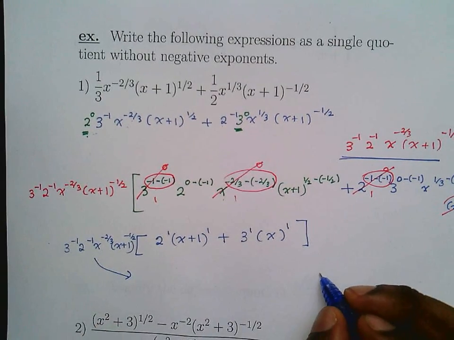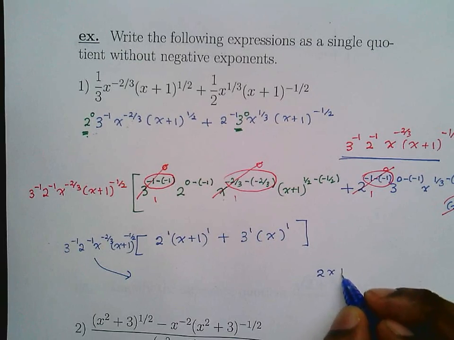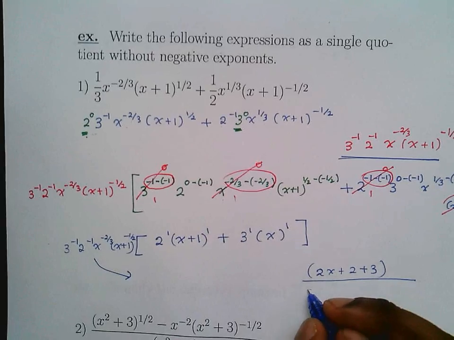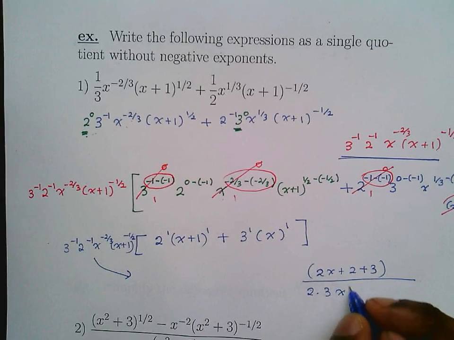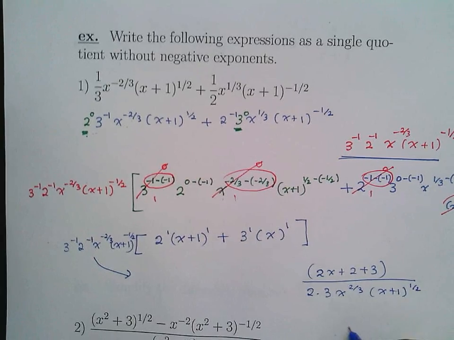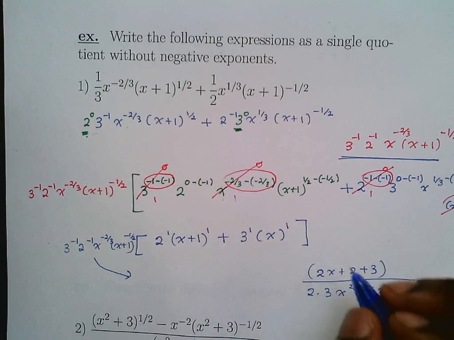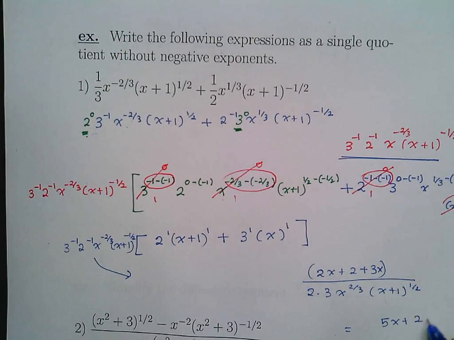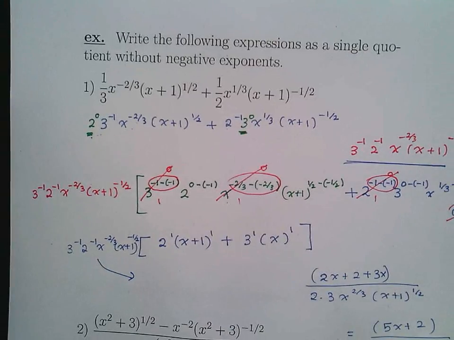So finish this problem by writing 2x plus 2 plus 3 over 2 times 3 times x to the 2/3, x plus 1 to the 1/2. So finally you should get 5x plus 2 on the top, 6 x to the 2/3, x plus 1 to the power 1/2.